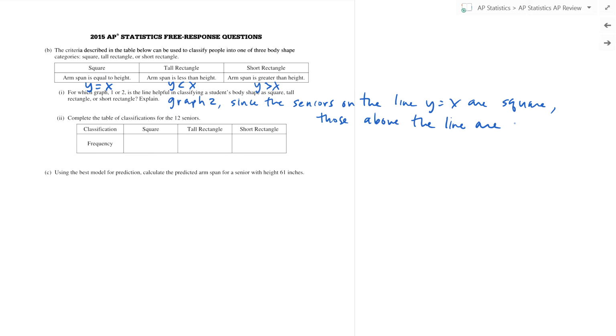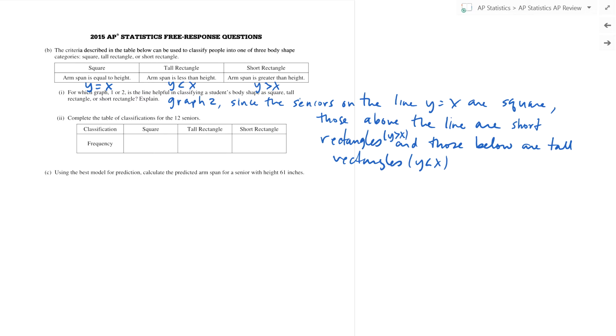Those above the line, y is greater than x, are short rectangles, and those below are tall rectangles. And you might even say this: short rectangles, y is greater than x; tall rectangles, y is less than x, although you wrote it over here, but there you go.